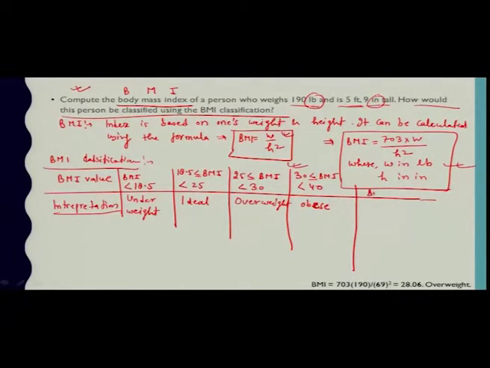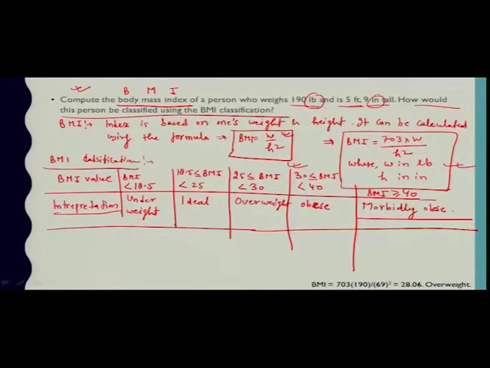And if BMI is greater than 40, you are suffering from morbid obesity. Morbidly obese is the extreme condition. This is obese, O-B-E-S-E.